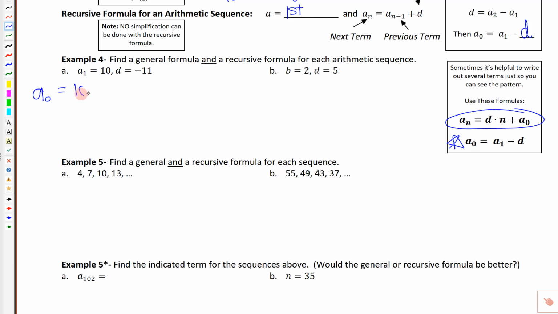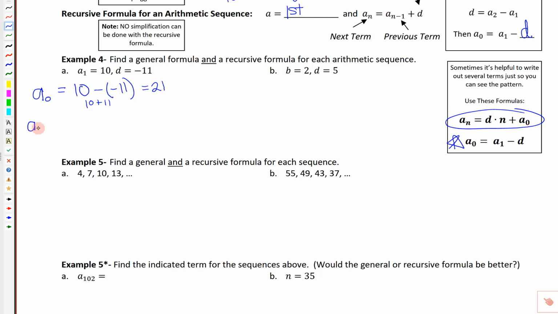If this is my first term, I need to go backwards. So we're going to minus negative 11, which is 10 plus 11. So that's 21. Okay, so now that I found a sub 0, I can go ahead and use my formula.